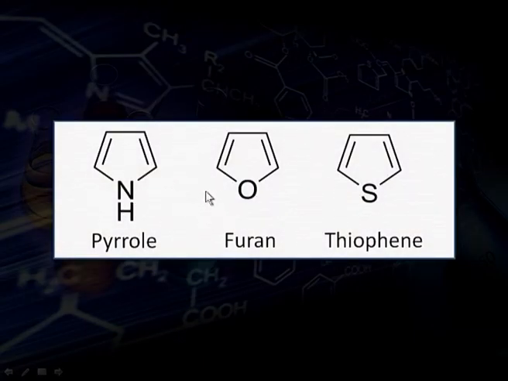X-ray analysis shows that they are planar molecules. These molecules have been assigned the following structures. Pyrrole has this structure, furan this one and thiophene this structure. Looking at these structures, one might expect that these compounds must show properties of a diene. That is, they should give addition reactions because there are two double bonds there.